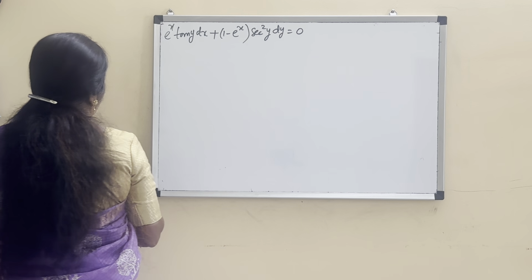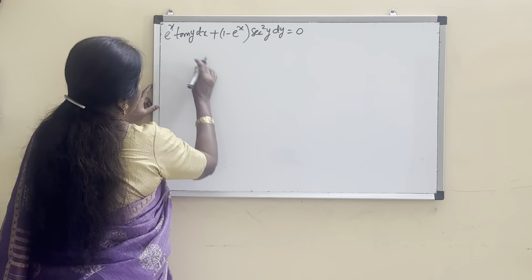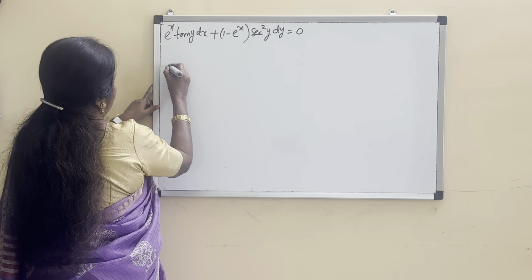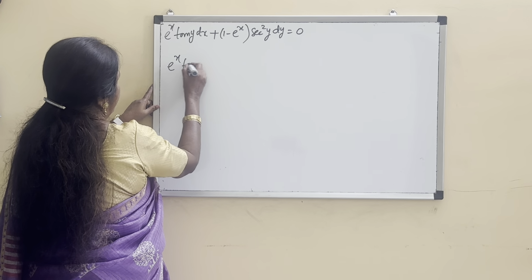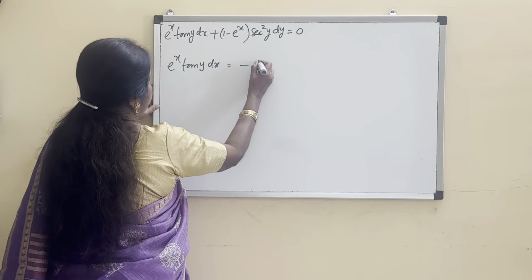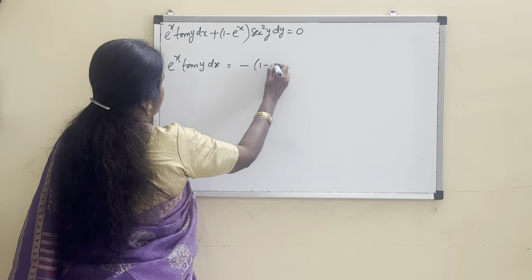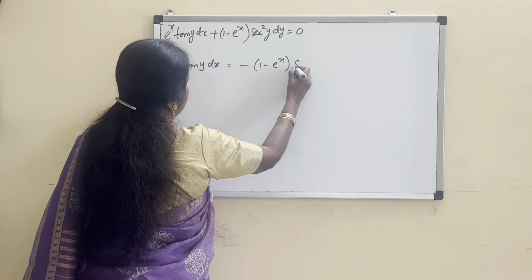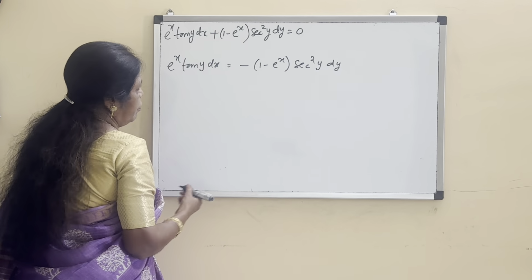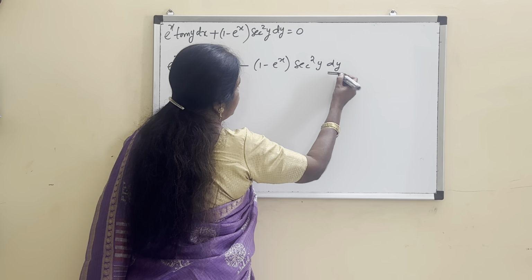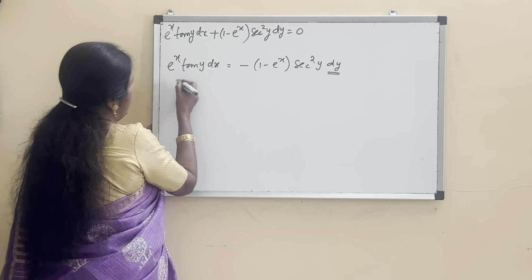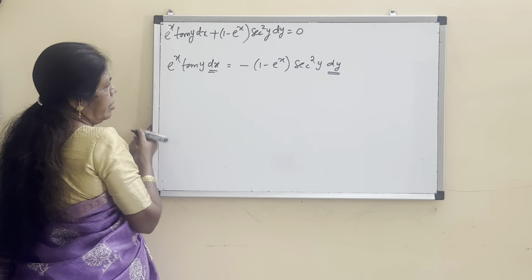Now I am taking one term to the other side. So there are two terms, one term I am taking to the other side. So e power x tan y into dx equal to minus of 1 minus e power x into secant squared y dy. Where we have got dy we have to take all y terms. Where we have got a dx we have to bring all x terms.